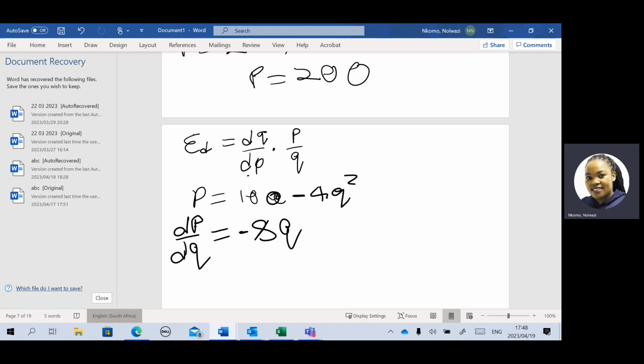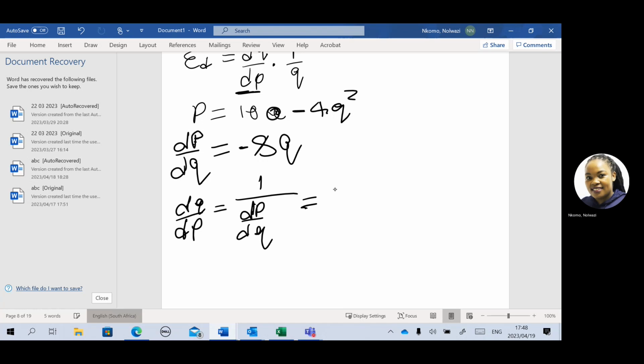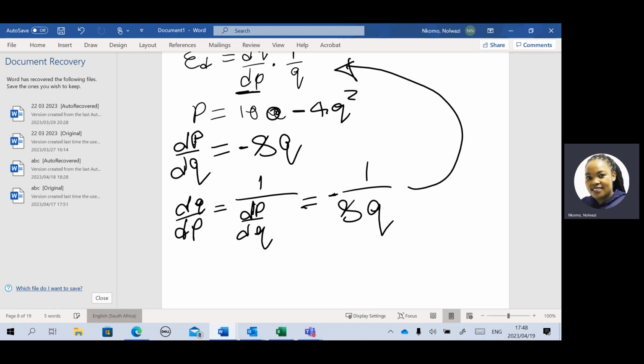And in our equation, we need dQ over dP, the derivative of Q with respect to P. But we can invert this: dQ over dP is equal to 1 over dP over dQ. And our dP over dQ is minus 8Q, so we substitute it back here.